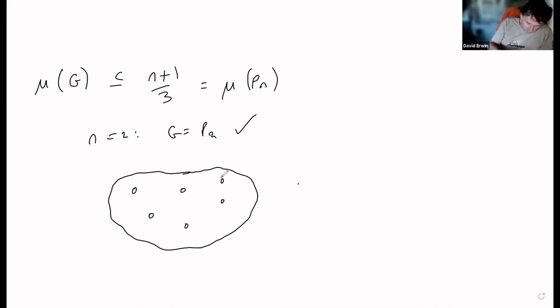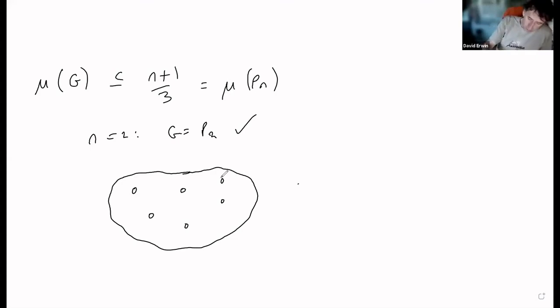And now one of the things to realize, and this is something which Peter talked about in his talk as well, is that if G is not a tree, then G contains some cycles, and edges on cycles are not bridges, and so that means you can delete one or more edges in the graph and get a graph which is still connected.